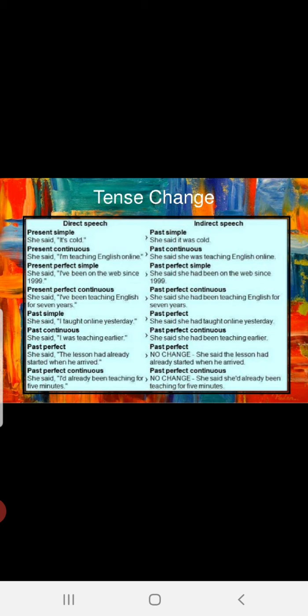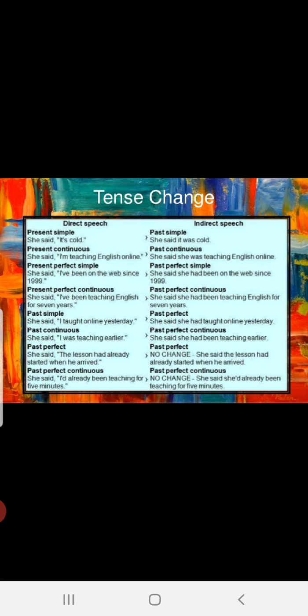She said she was teaching English online. Present perfect simple: She said, "I have been on the web since 1999." She said she had been on the web since 1999. Past perfect simple.